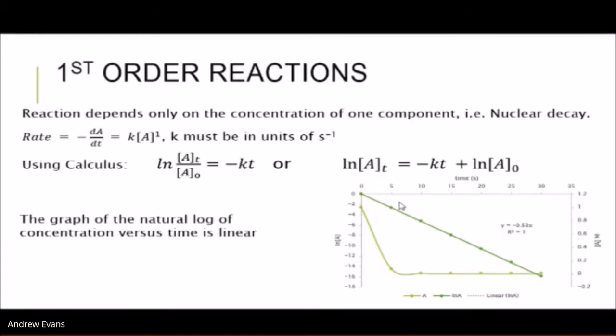Meaning that if I just plot concentration versus time, it's curved, but if we plot ln concentration versus time, what we get is a nice linear slope, a line that you can find your k from just by observing. So that's what some people do. They will measure concentration after periods of time, and then they can plot it one of 3 different ways and see which way gives it linear, and that can be useful to help find what order this is without going through that whole rate law situation.